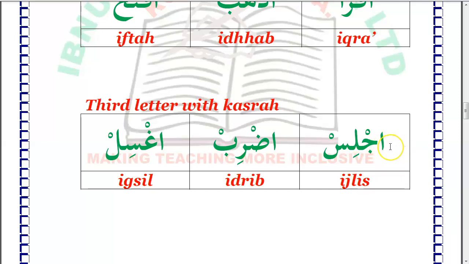We now read it as ijlis, not a, but i. Next: 1, 2, 3, so we read this as idrib. Next: 1, 2, 3. Sin is carrying kasra, so we give alif al-wasli kasra. We say igsil, i, not a.